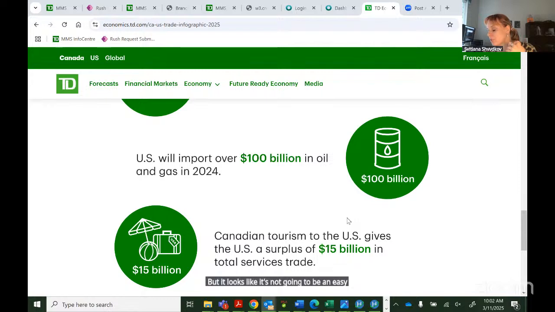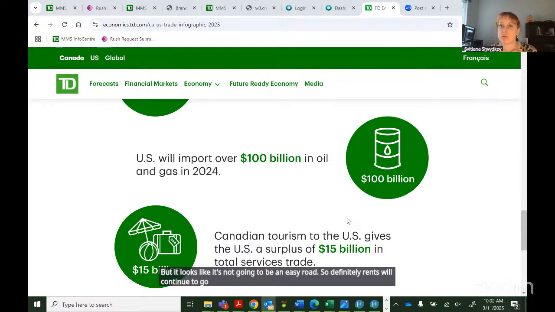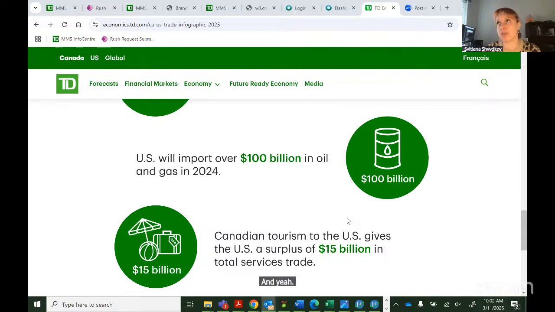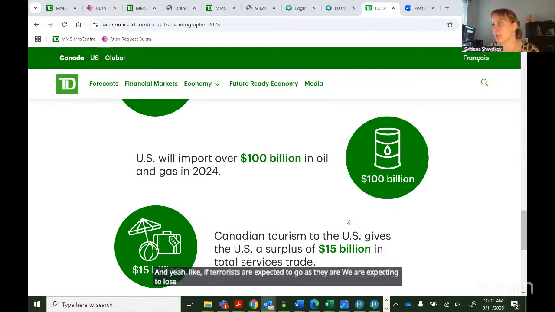So definitely rents will continue to go down. The prices will probably go down, not by as much as in Ontario and Quebec, but they will go down. And if tariffs go as expected, we're expecting to lose about 1 million jobs in Canada in the next 6 months, which may cause a recession.